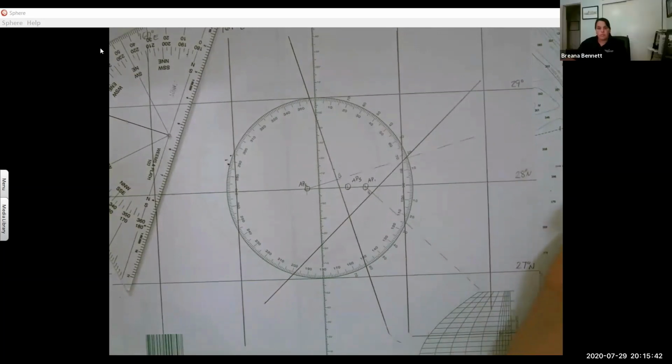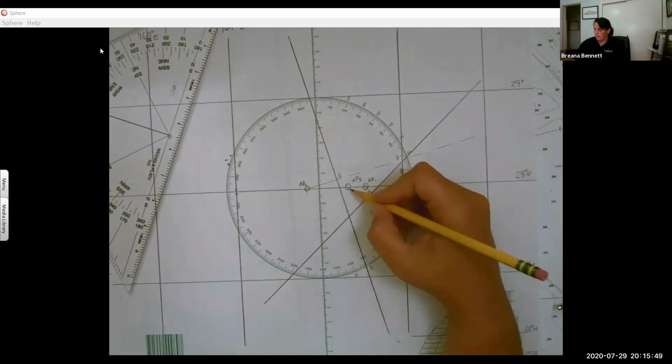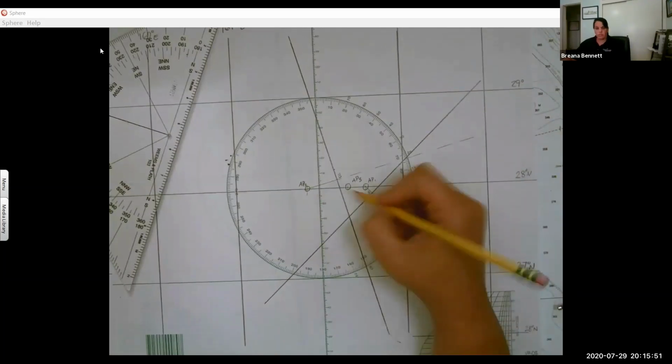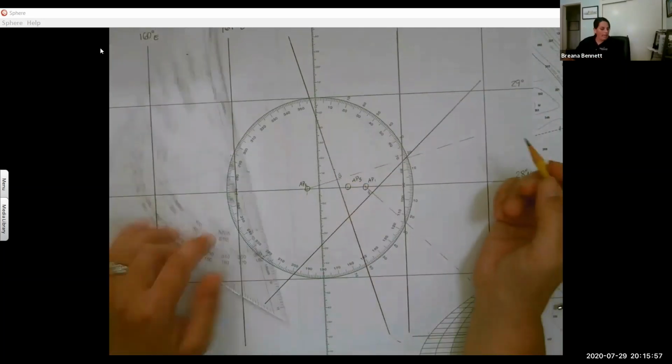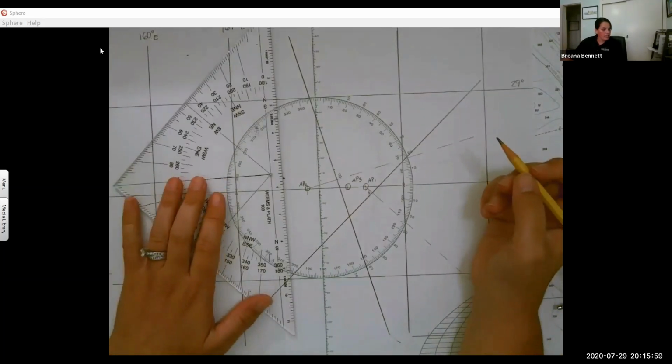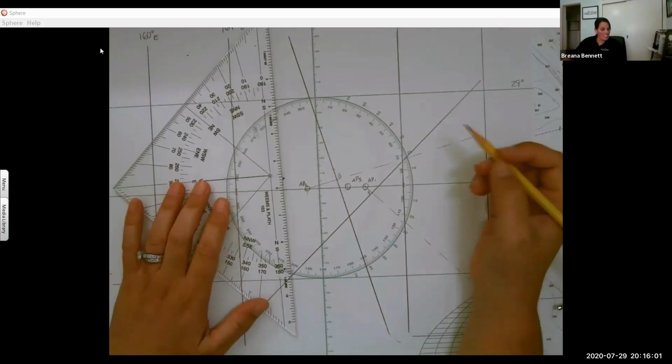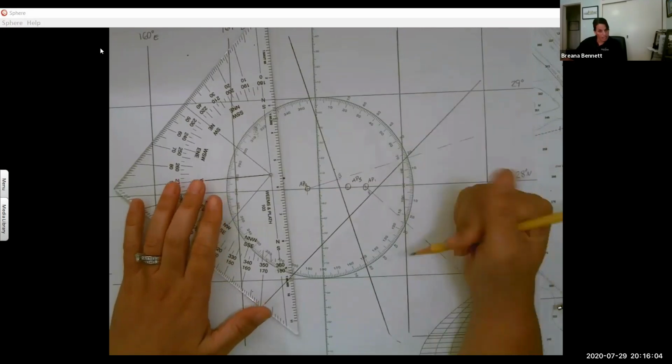On that one, assumed position 3. So I just plotted my 20 minute longitude line. So that's my assumed position. My azimuth on this one is 10. And in this case, it's away from 10.